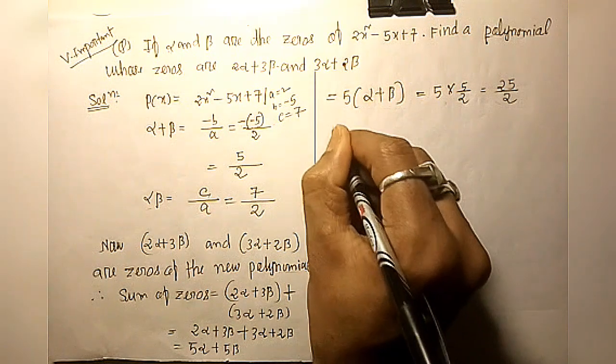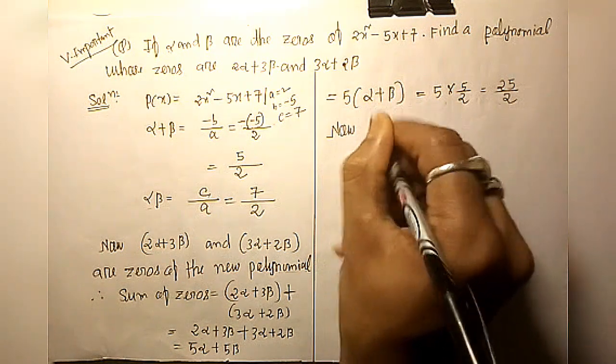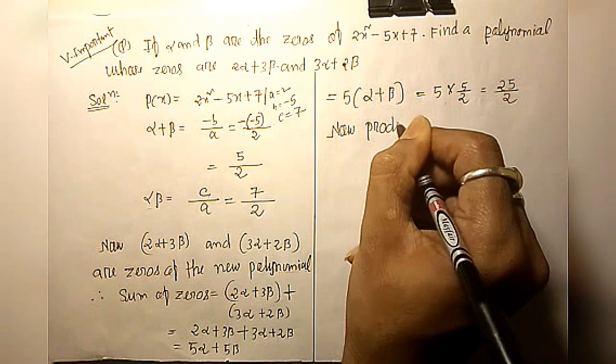Because we know that for finding a polynomial we should find out the sum of zeros and product of zeros.